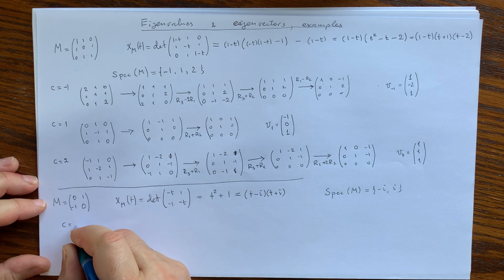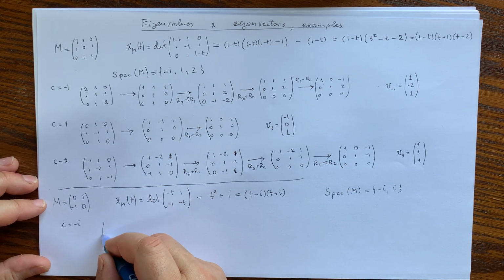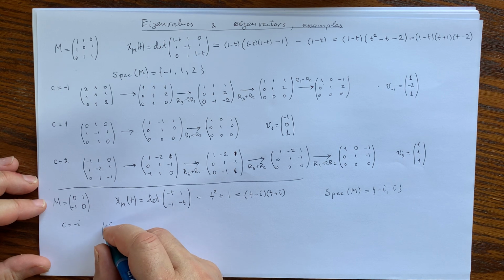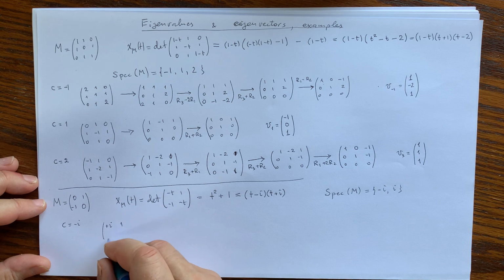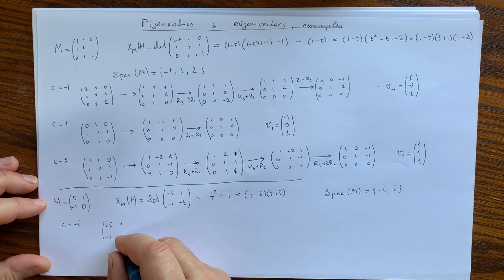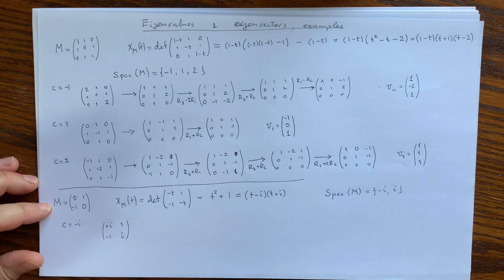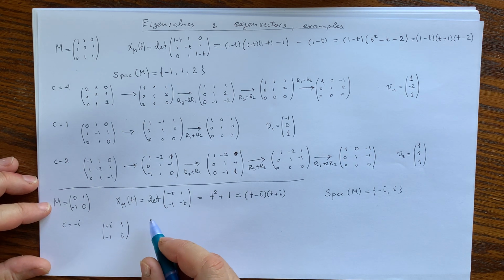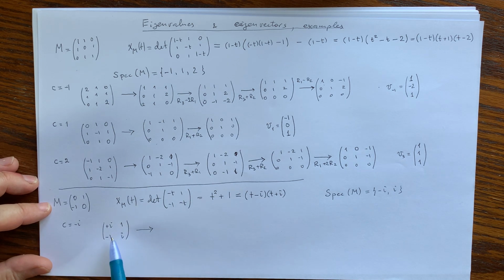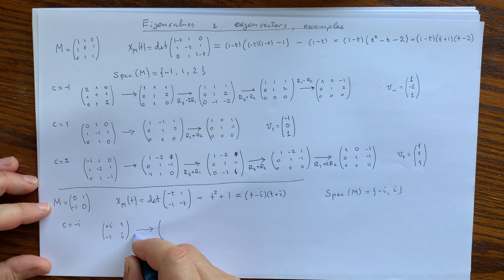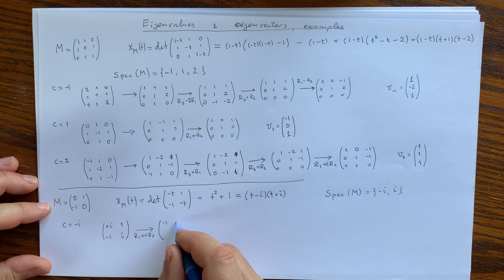So let's look at the first and solve a homogeneous system with complex coefficients. I'm subtracting negative i, so I'm adding i to the diagonal entries of my matrix. And yeah, okay, it doesn't look like it is singular, but we have to do row elimination. So maybe first swapping the rows, making it look nicer in the first column.